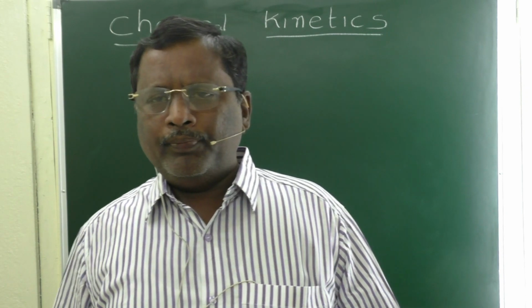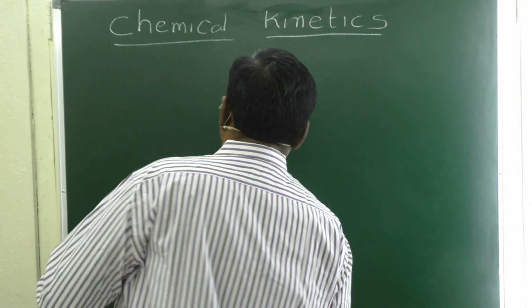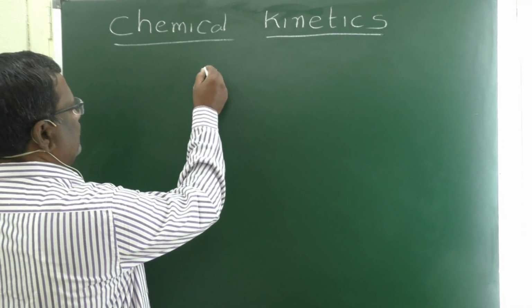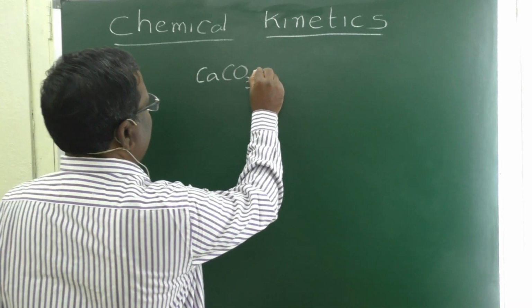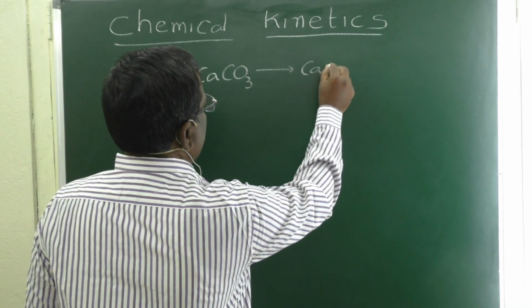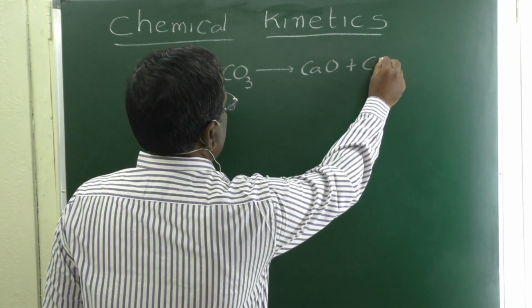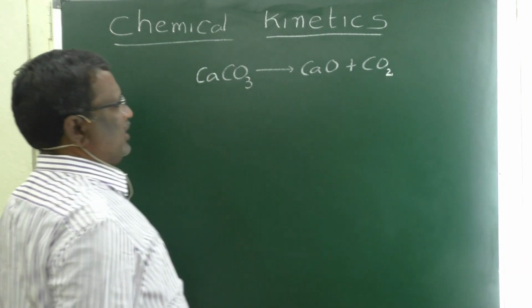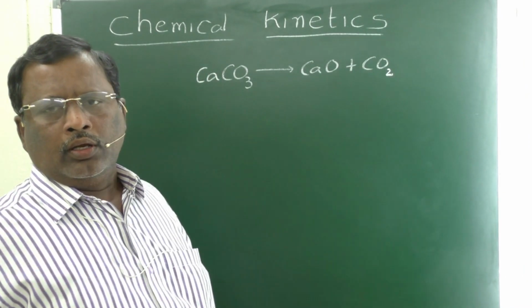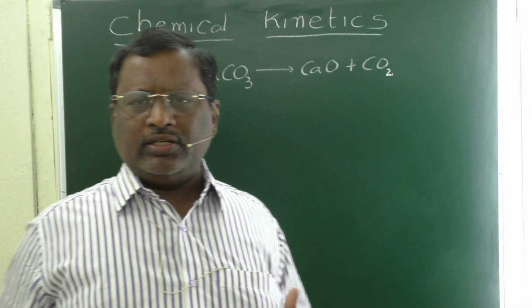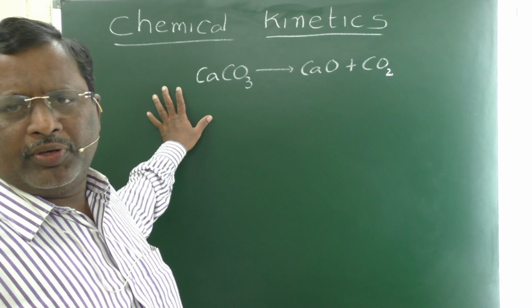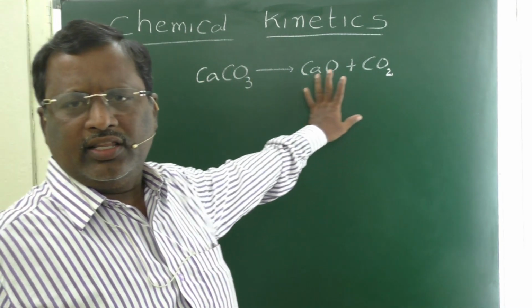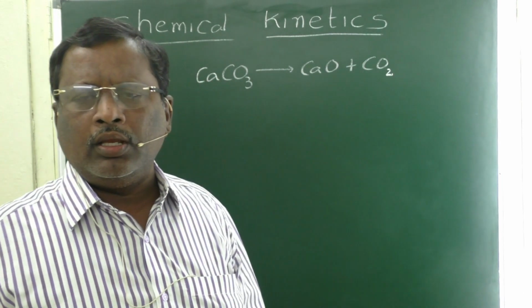We know, for example, if you take a chemical reaction, CaCO3 on heating will give us calcium oxide plus carbon dioxide. Now, this is a chemical equation. Here the left side is the reactant and these are the products.